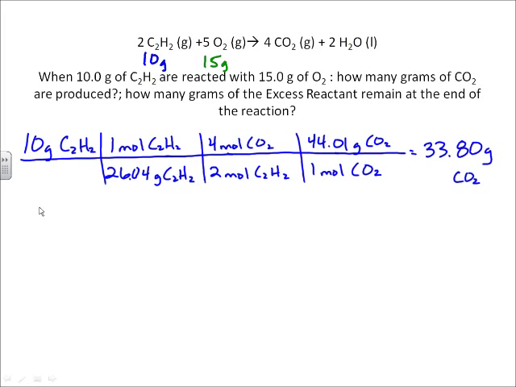Now, we also have to consider oxygen. Maybe we run out of that first. So 15 grams of oxygen. Alright, so let's find out our carbon dioxide again. So 32 grams of oxygen goes to 1 mole of oxygen.